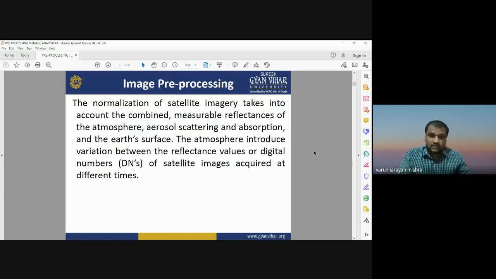When we use multi-temporal satellite images, the images are acquired at different times, different years, so it is not necessary that they have the same reflectance pattern, the same digital number values.